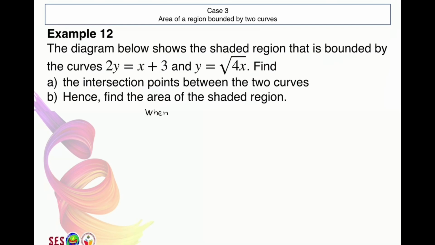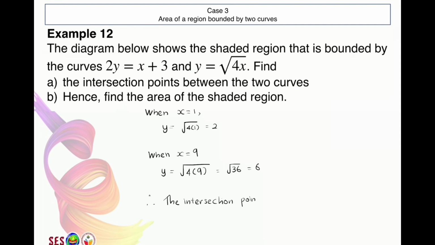To find the y coordinate of the intersection points, we will substitute x equals 1 into one of the curve functions. Therefore, the intersection points are at (1, 2) and (9, 6).